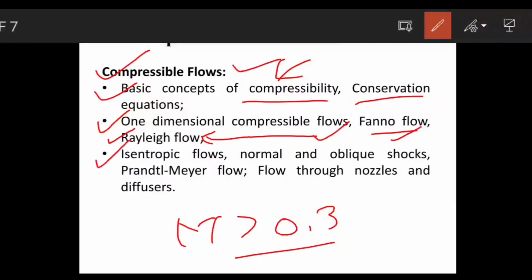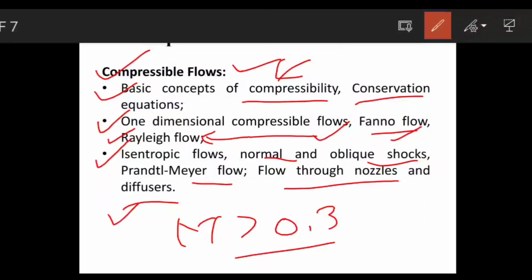And then you can see isentropic flow, normal shock wave, oblique shock wave, and then Prandtl-Meyer flow theory, then flow through the nozzle and diffuser, because a shock wave is formed in the nozzle and also at the diffuser, because in a supersonic diffuser there is a spike that creates a shock wave.